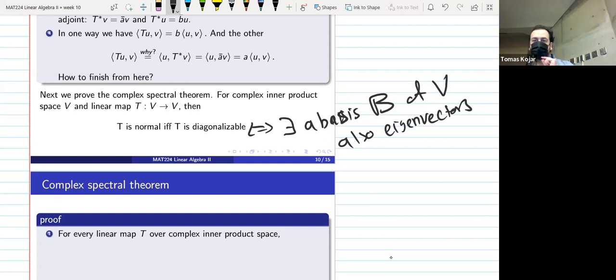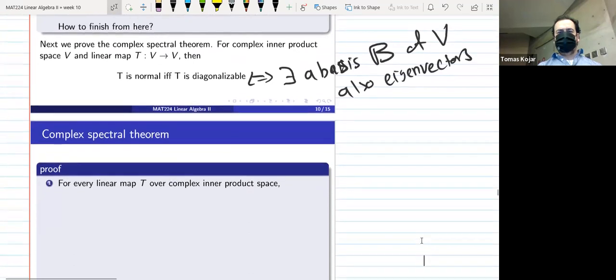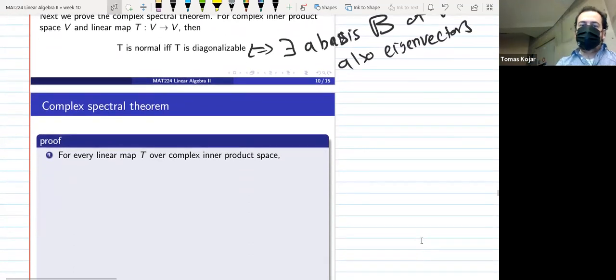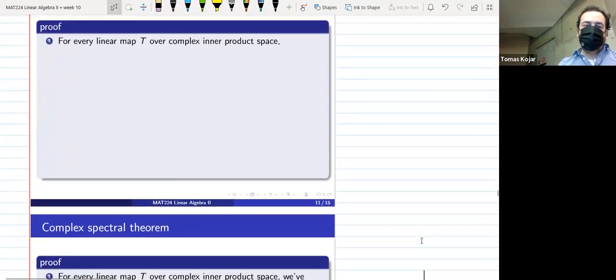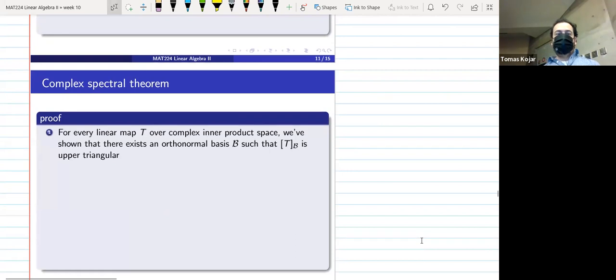That's the one we're going to use. It's much easier to work with. So for every linear map, we proved this week and last week that you can find a basis to make it upper triangular.